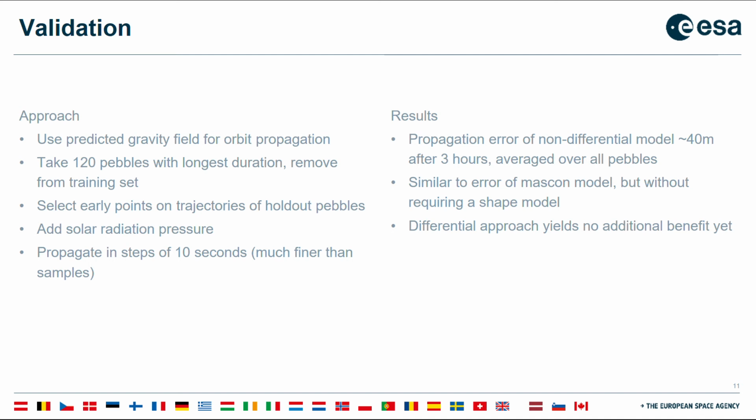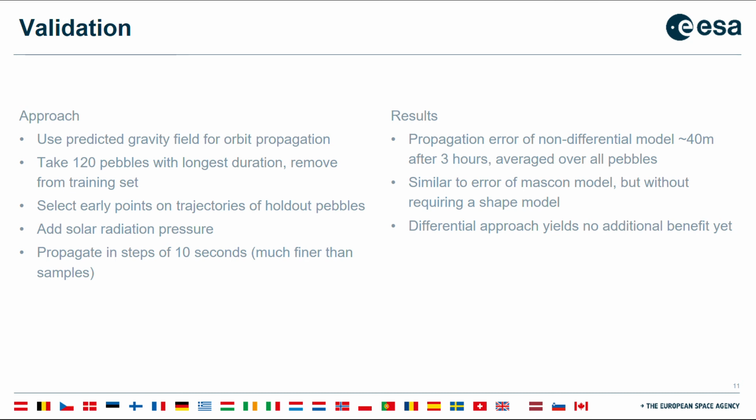So we saw these densities, but again, we don't have a ground truth density estimation of Bennu. So to validate our approach, we use the predicted gravity field from the predicted densities and propagate orbits of some pebbles. And for that, we use the 120 pebbles with the longest duration, so from 1 day to 14 days.